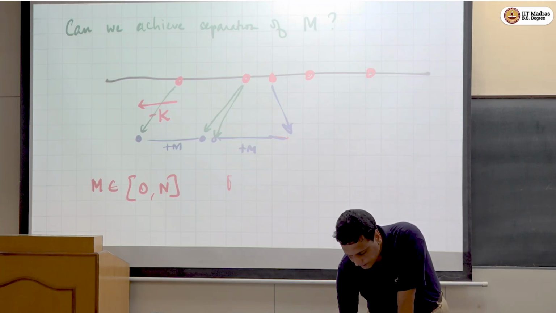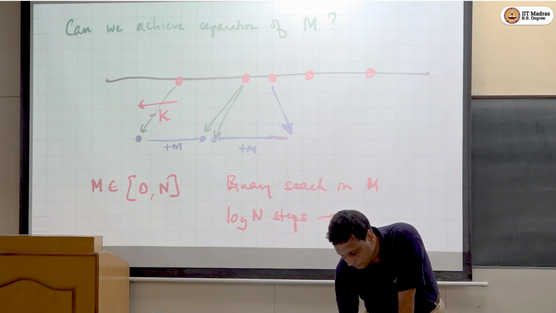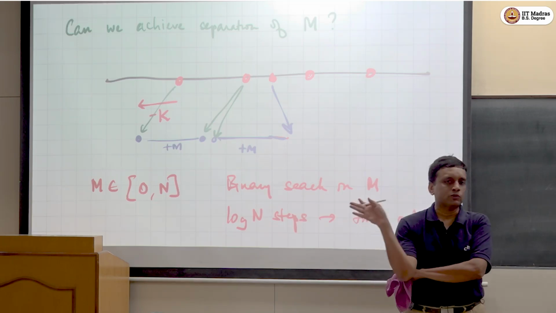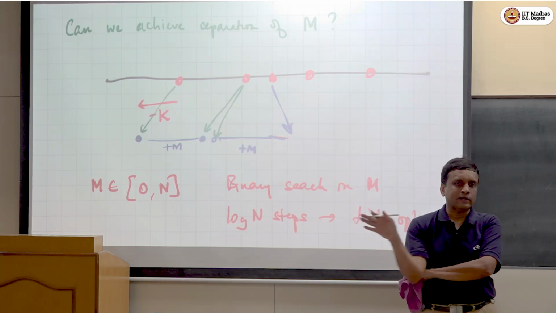So binary search on M. Okay, and in log n steps, you find the optimum. Right? And checking each value of M takes that procedure that I said, it goes in one scan left to right.